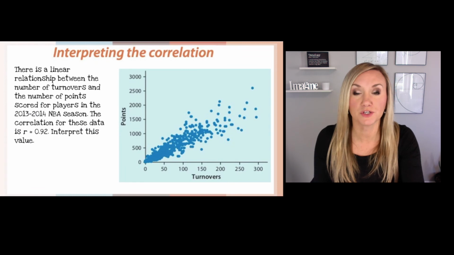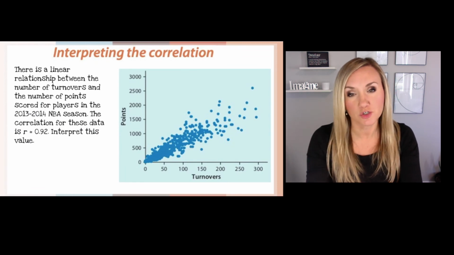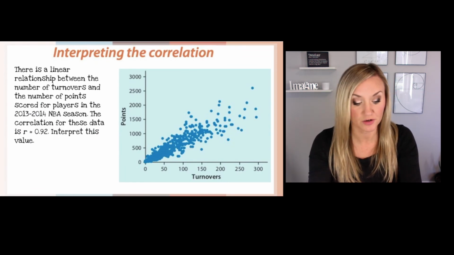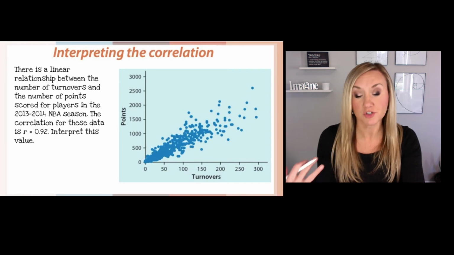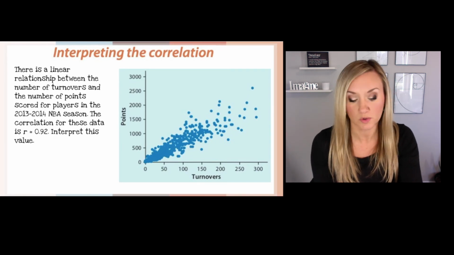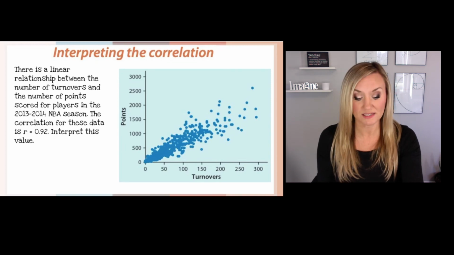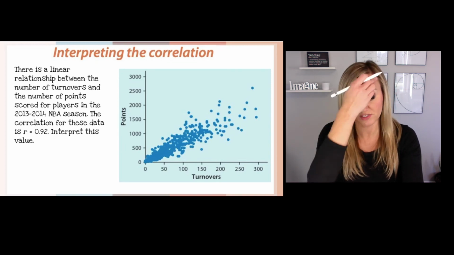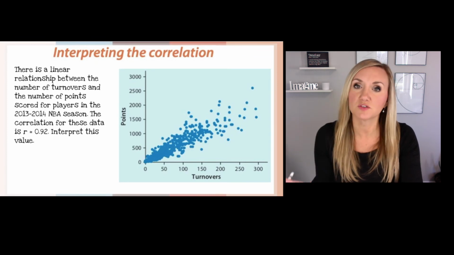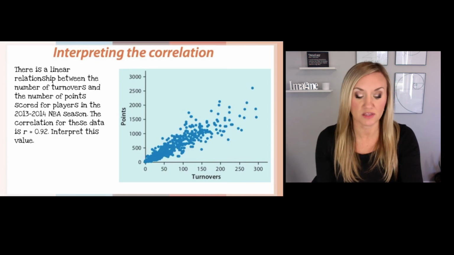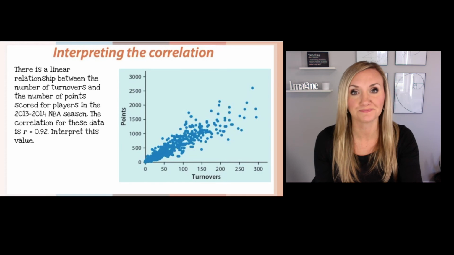All right, so let's do that again. I'd like you to pause this video and try to interpret the correlation here. This is talking about the number of turnovers and the number of points scored. And this data is from the 2013-2014 NBA season. And it does say that the correlation is 0.92 between turnovers and points. So I'd like you to pause this video and interpret this correlation value.